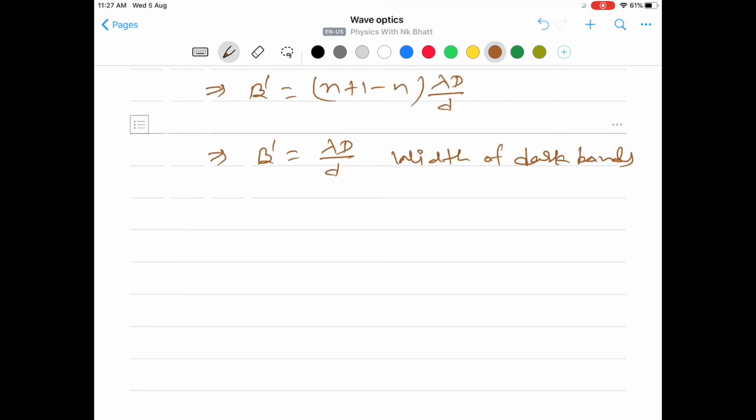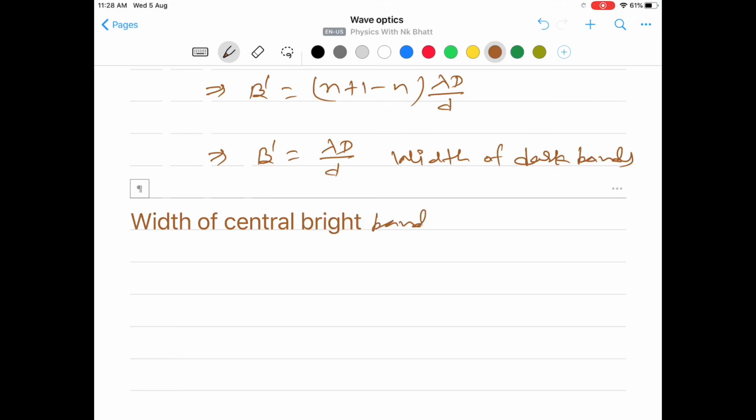Then it comes to the width of the central bright band. In the same sequence we will consider another one, that is the width of the central bright band.